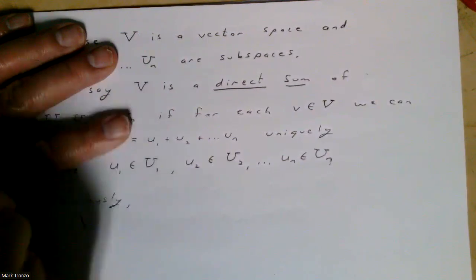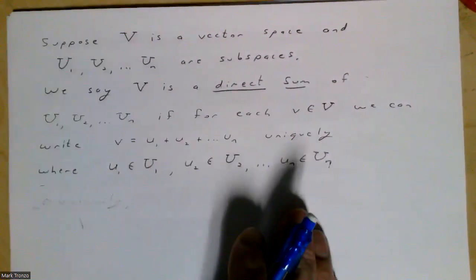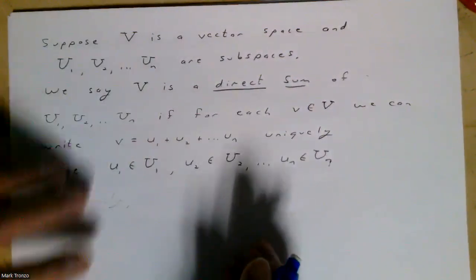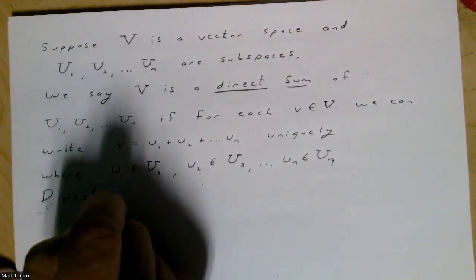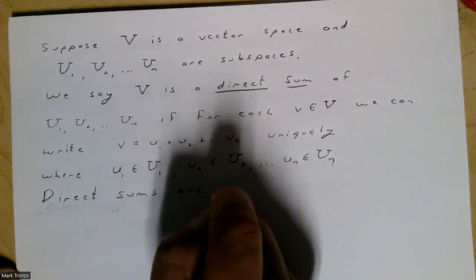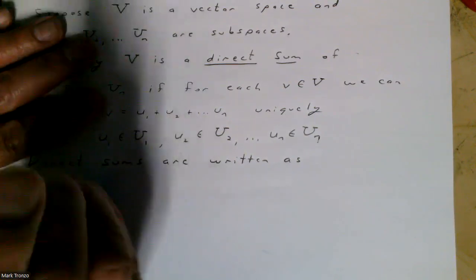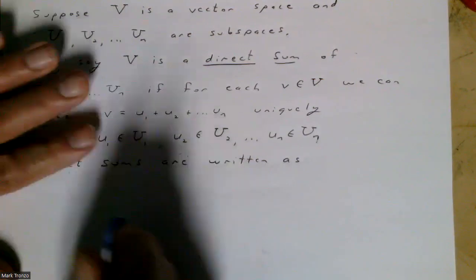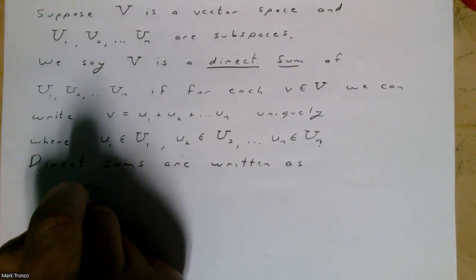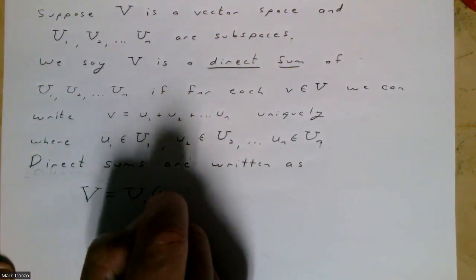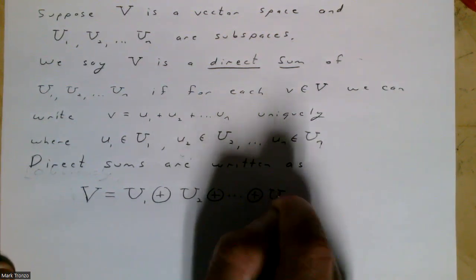It's a direct sum, and direct sums are written as V equals U1 plus U2 plus UN.